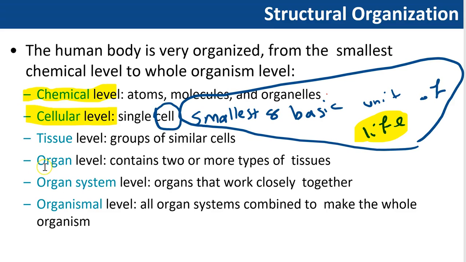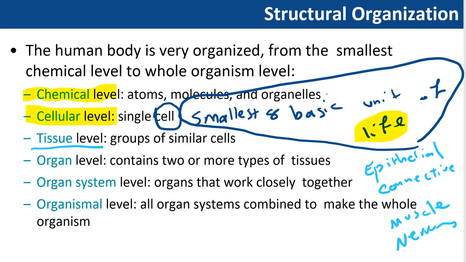The next level is the tissue level. Tissues are a group of similar cells that carry out a specific function together. Examples of tissue are epithelial tissue, connective tissue, muscular tissue, and nervous tissue, which are the main types of tissues that we have in our body.